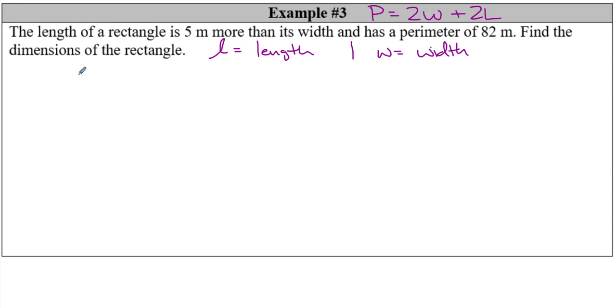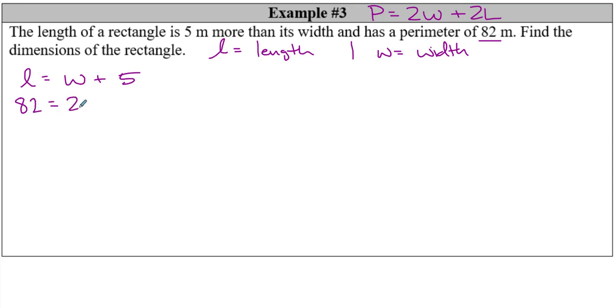We know that the length is modeled after the width, so we are using the width to tell us what the length is. And it says it is 5 more, the length is equal to 5 meters more than the width, right? So if I need the width and 5 meters more, I'm going to do the width plus that 5 meters more. Then it also gives us the perimeter, so I know the value for P in my formula.